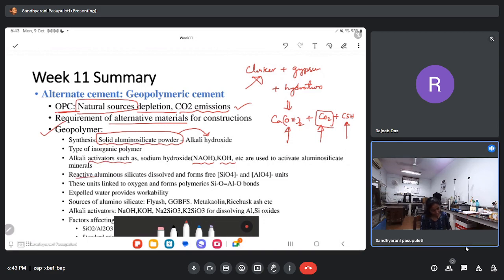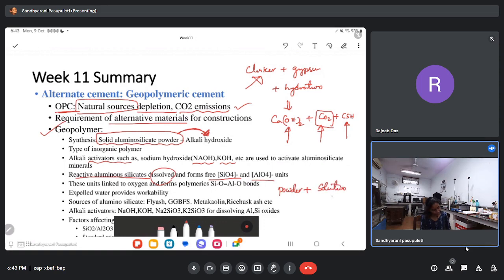So this reactive aluminosilicate, which is an inorganic polymer, will be dissolved and it forms free SiO4 and AlO4 units. So here what is happening? We have some aluminosilicate powder. This powder will be dissolved into one solution.